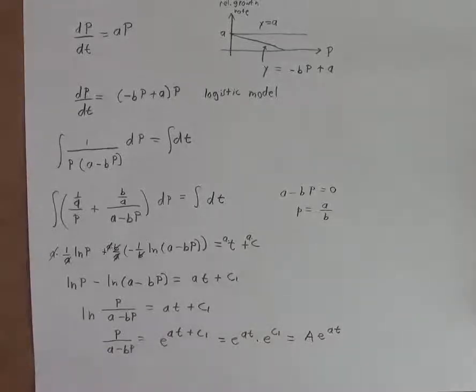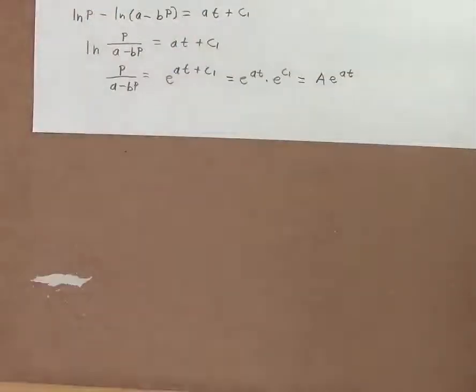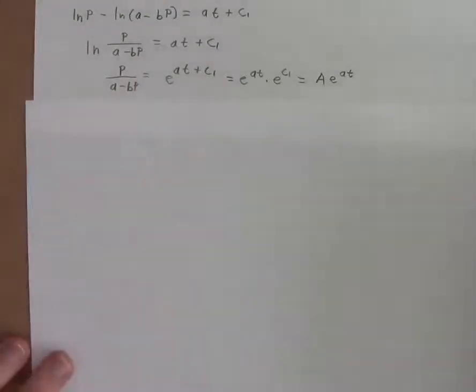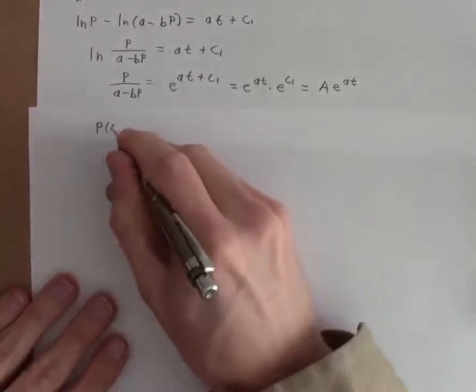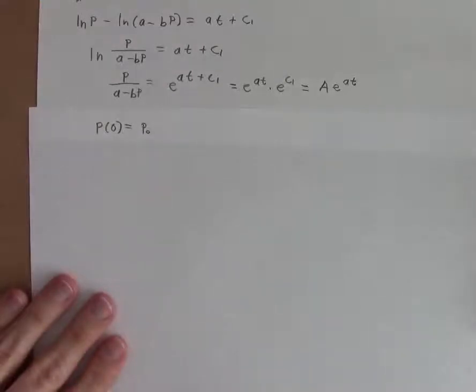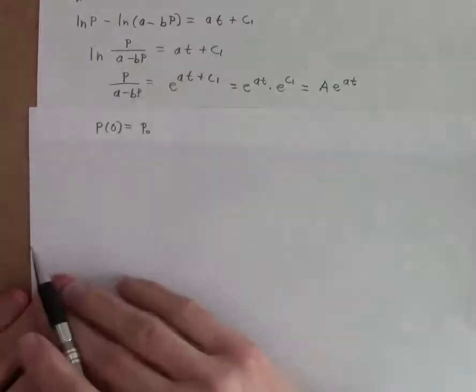Okay, now suppose that we have our same initial condition. So at time equals 0, there's going to be an initial population. And so let's go ahead and write that one down. So we'll have P of 0 is equal to some initial population, P sub 0. And we'll just substitute that into our equation to solve for the constant.